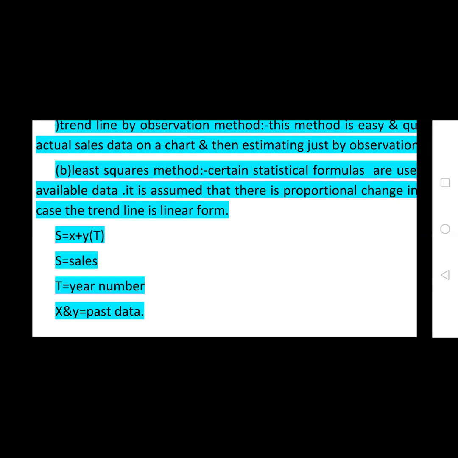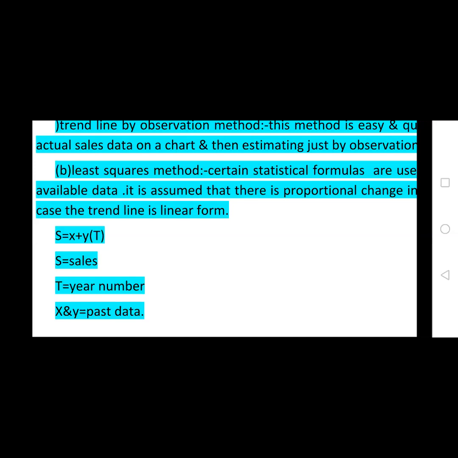That is called trend line by observation. For example, if you plot the past data on the graph, the first year sales is 10,000 units, the second year increases to 15,000, and the third year increases to 20,000. By observing the past data, sales increased by 5,000 each year over the last 3 years.